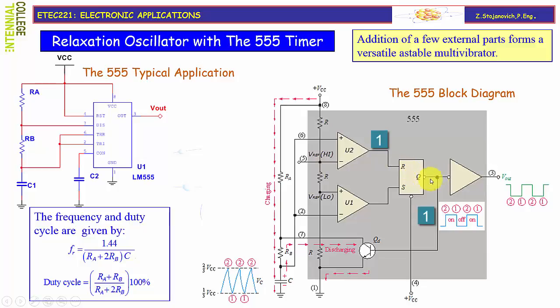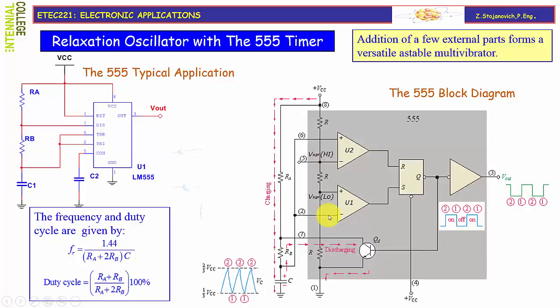Resetting the flip-flop will bring inverting output Q high. Now there is sufficient voltage to forward bias transistor Q into saturation, and the voltage drop between collector and emitter drops to 0, which practically means that terminal 7, which is also called the discharge terminal, will be grounded. The charging stops at that moment and discharging of the capacitor through resistor RB commences.